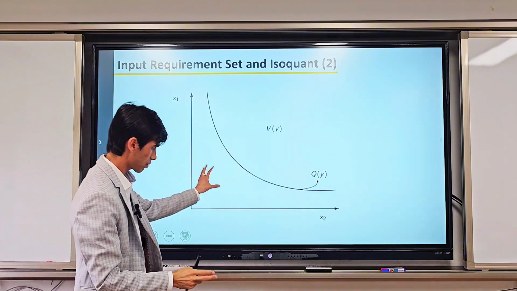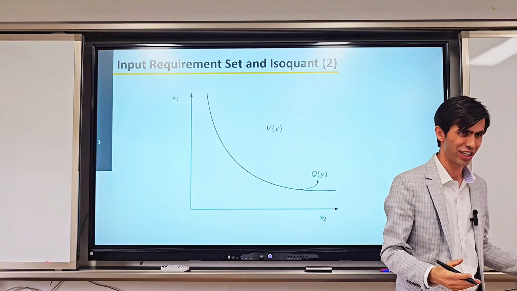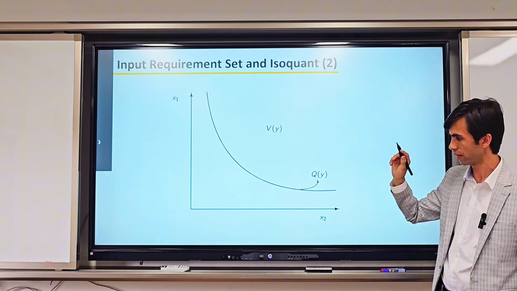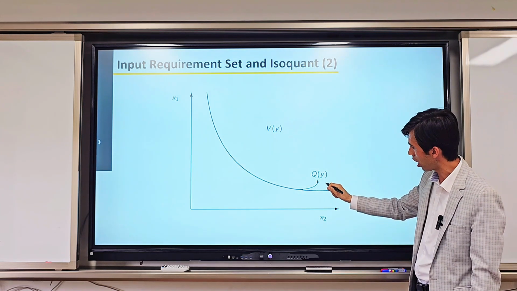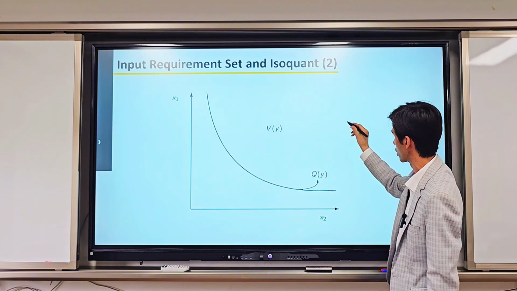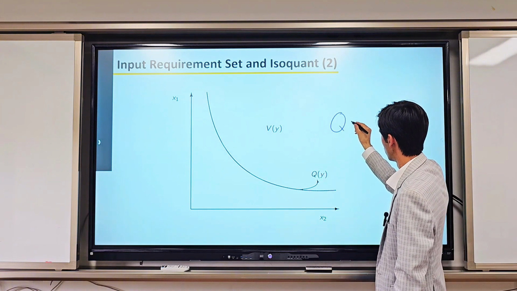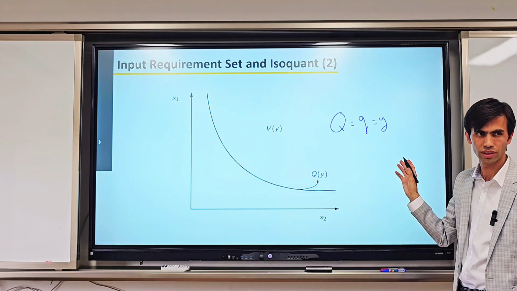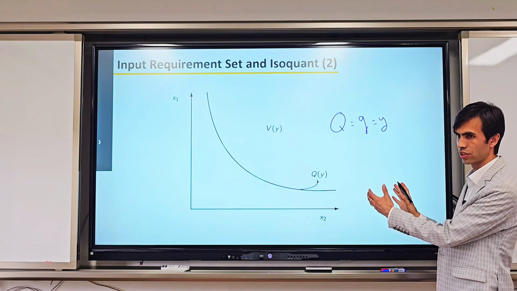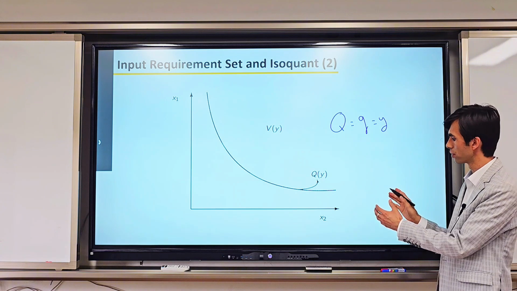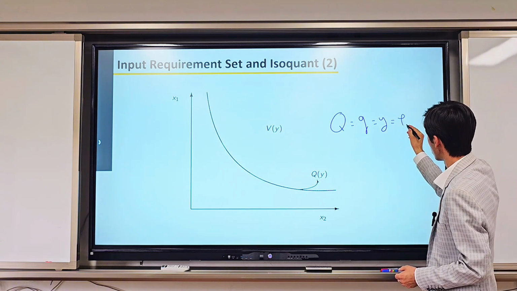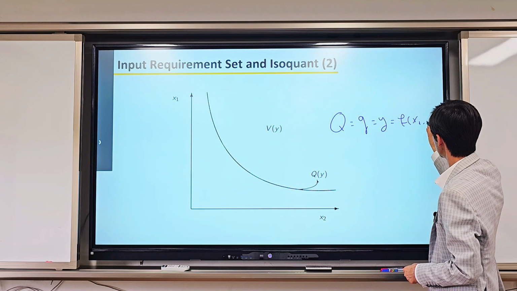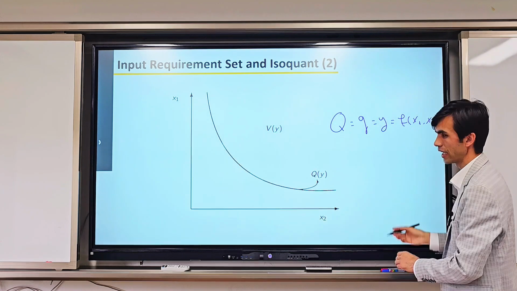So here, it's a shape like the isoquant and also the input requirement set. When it comes to the isoquant, this quantity as Q, R^Q, R^Y, anything you can use, just to show the quantity of your output. It can be some function of X1 and X2.